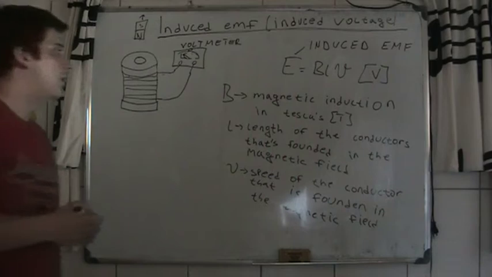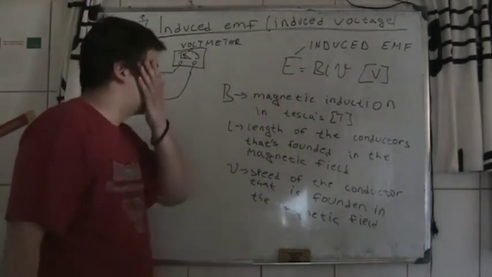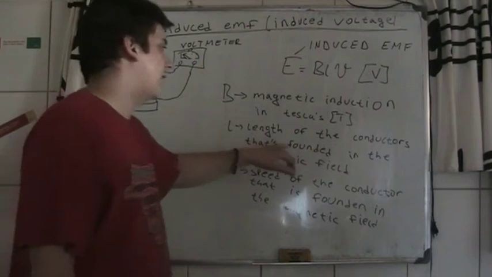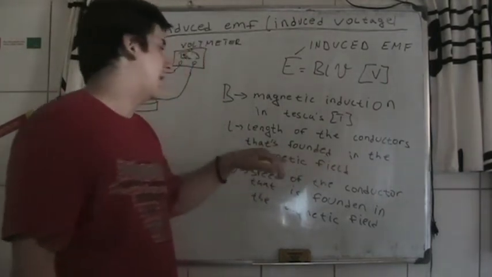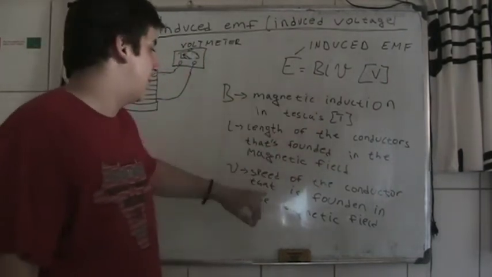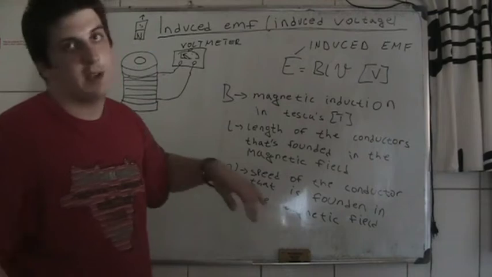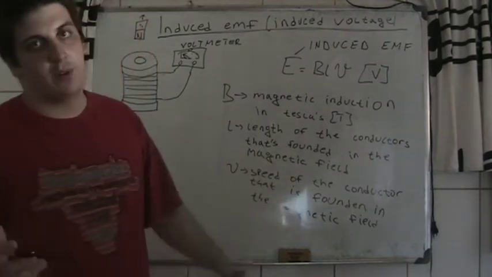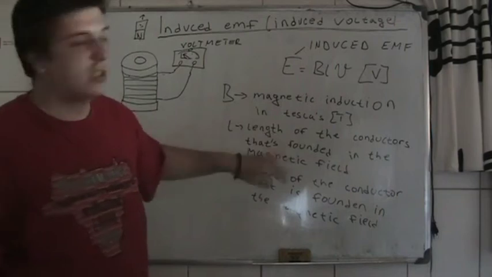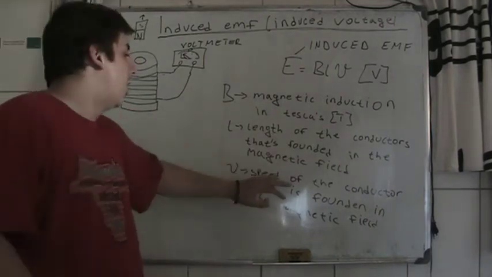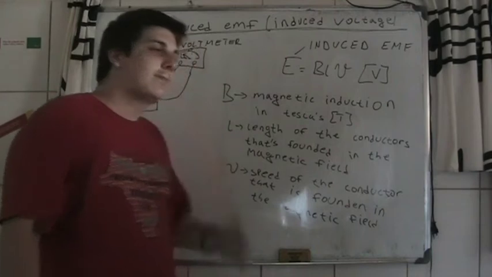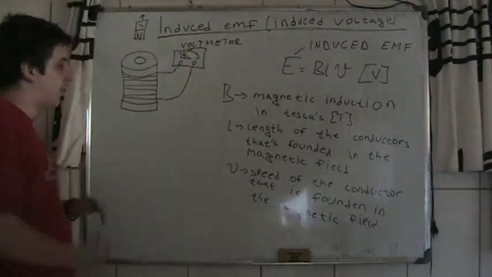Okay, so it is magnetic induction in Teslas, times the length of the conductor that is found in the magnetic field, times the speed or velocity. It is important in which direction you are going. So you can put here the velocity of the conductor that is found in the magnetic field. Okay, so that is the formula.